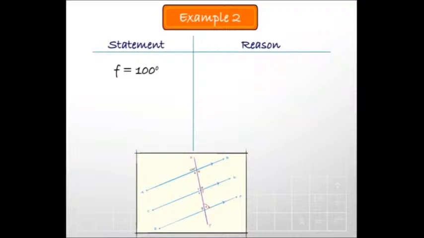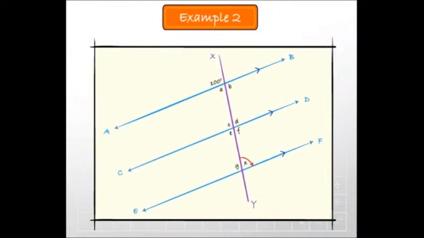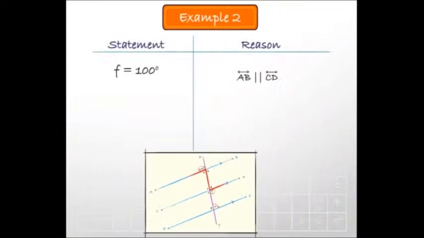Well, we know that the lines AB and CD are parallel. Also, there is a transversal that runs through them. So, we need to consider alternate angles. Now, the reason that F is equal to 100 degrees is because we have exterior alternate angles, and this is created or induced by the fact that the line AB is parallel to the line CD, as I had mentioned earlier.